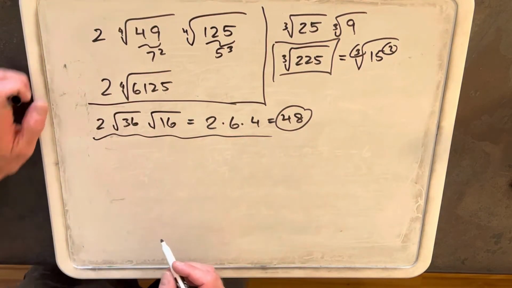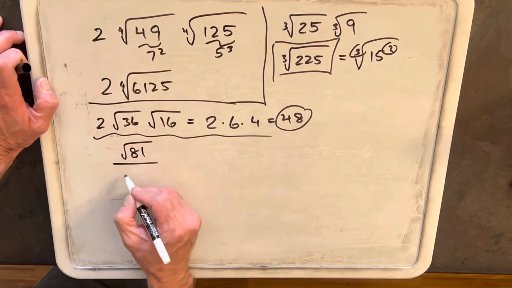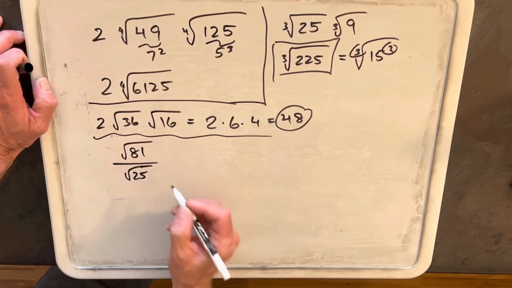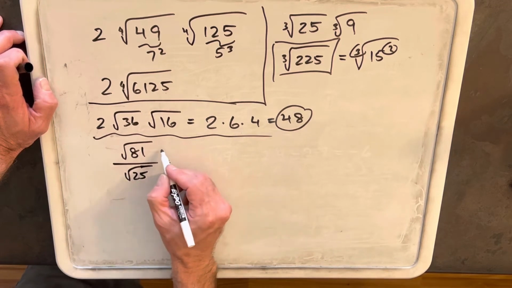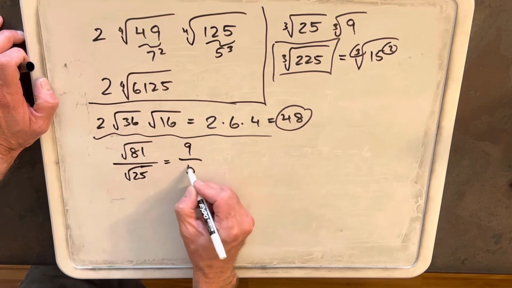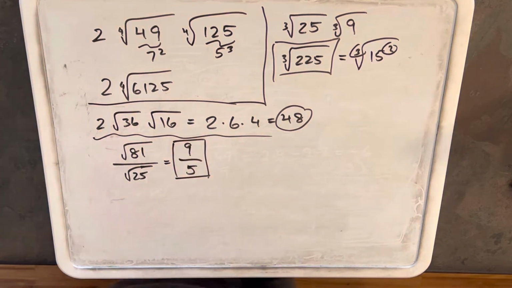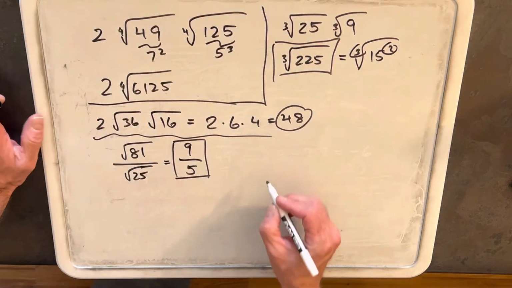Okay, we got a fraction. So we got the square root of 81 over the square root of 25. Again, we can go just square root of 81 is straightforward. 9, square root of 25 is 5. 9/5. Oh, this is extra easy.